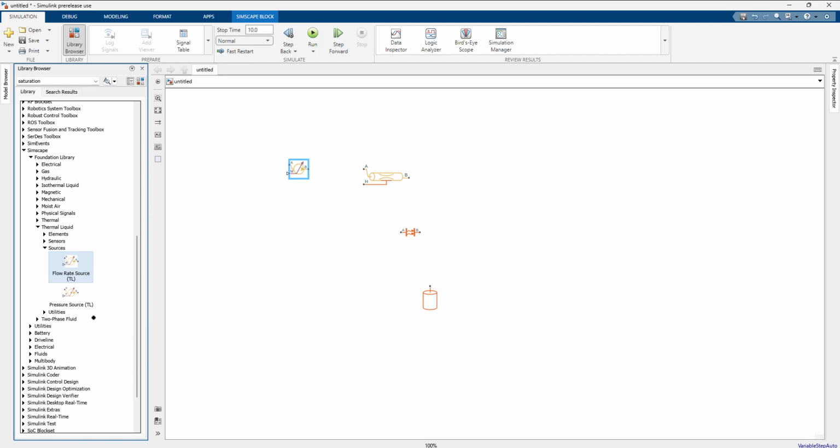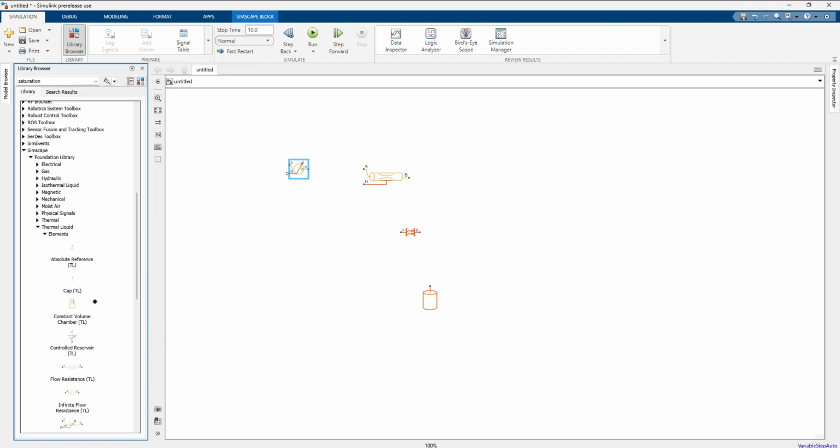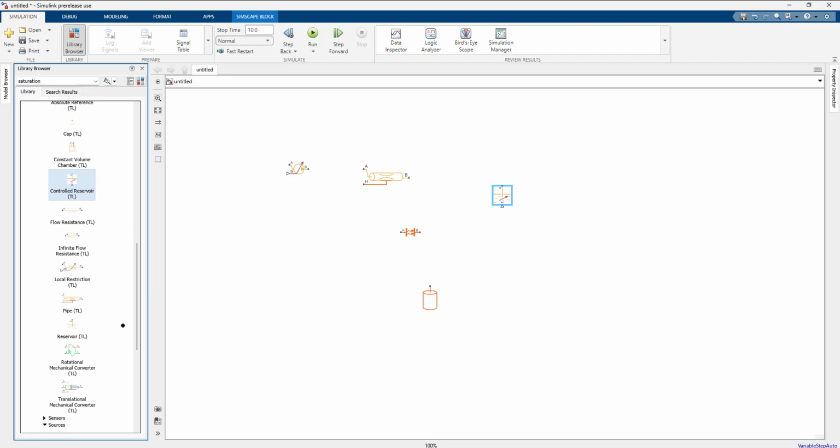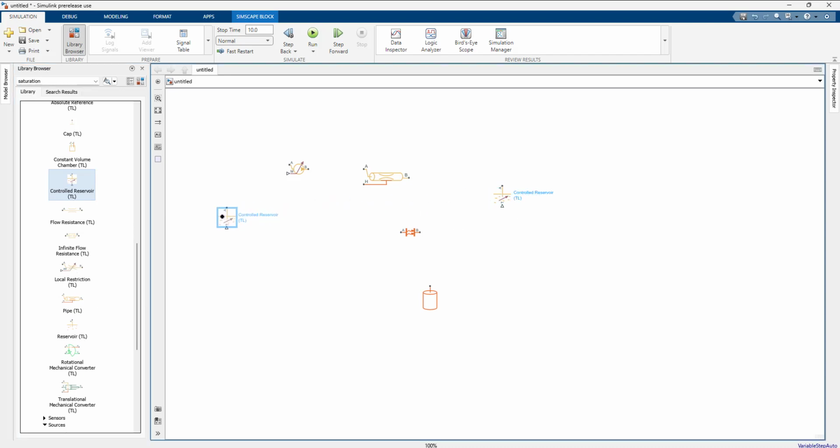And also for the elements, we should use this, and also the other one.